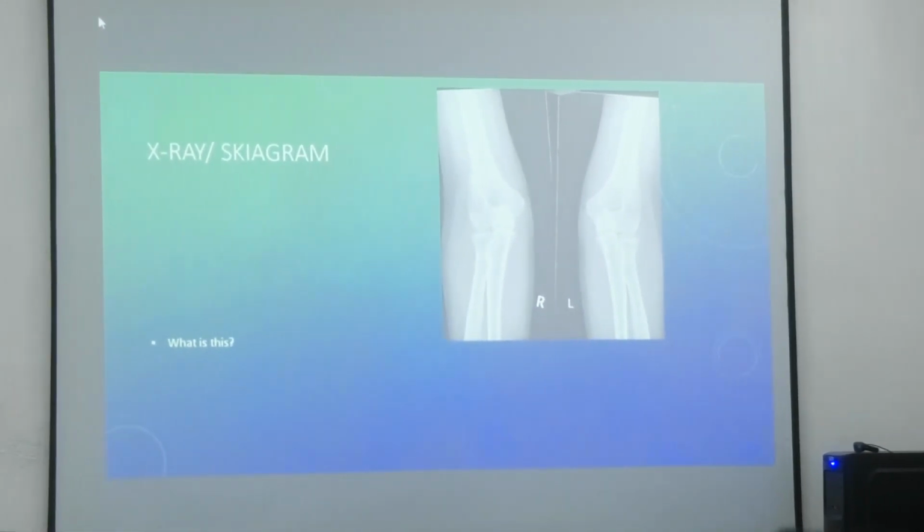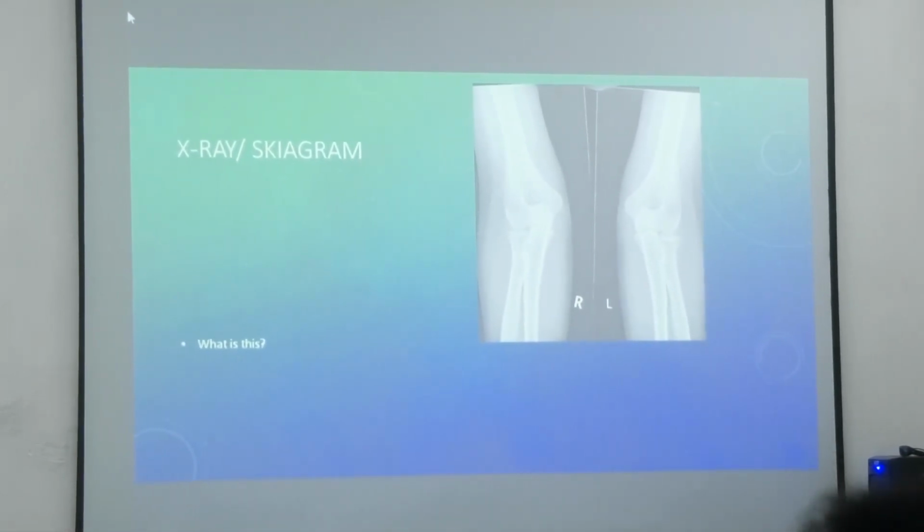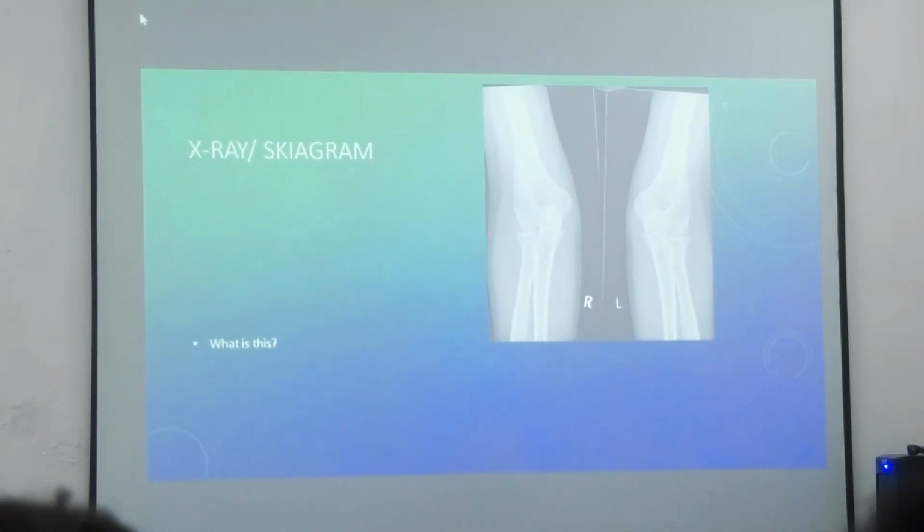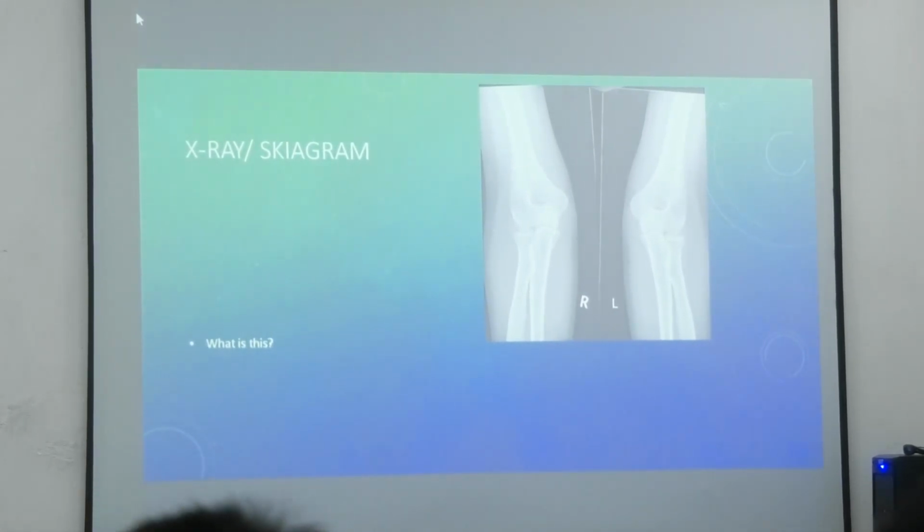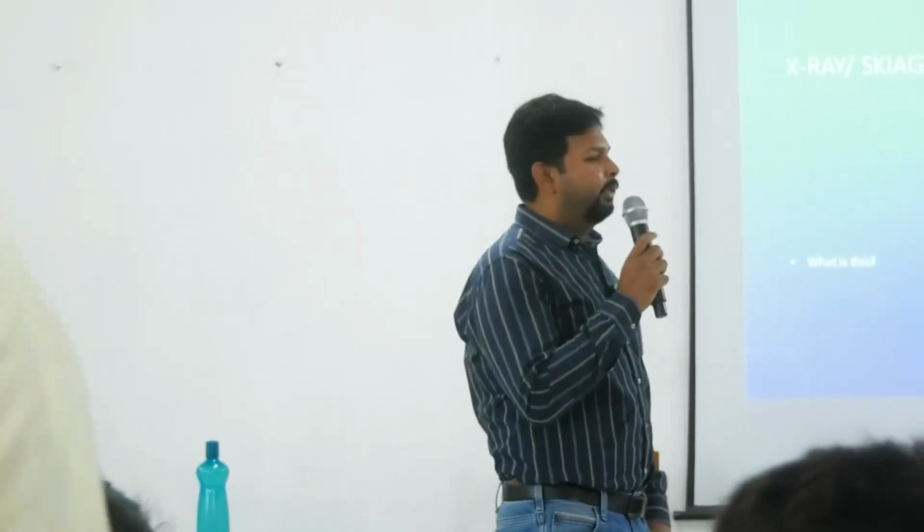It could be wrist joint, it could be elbow joint, it could be pelvis. Okay, so somebody will be receiving any of the X-rays and one has to estimate the age from it. So previously, those who have attended the classes, you might have learned about the wrist joint, but today we will be learning about the elbow joint.